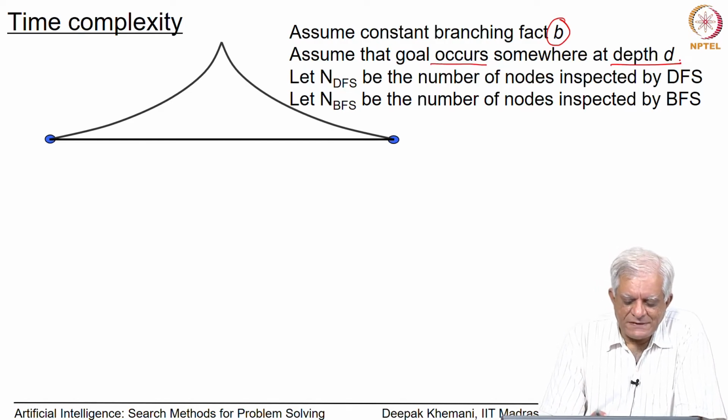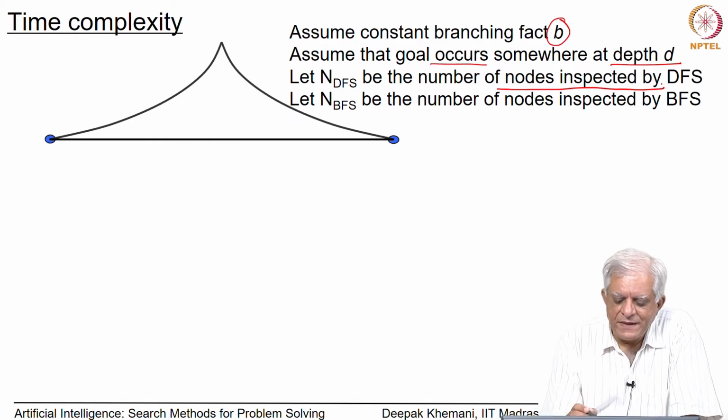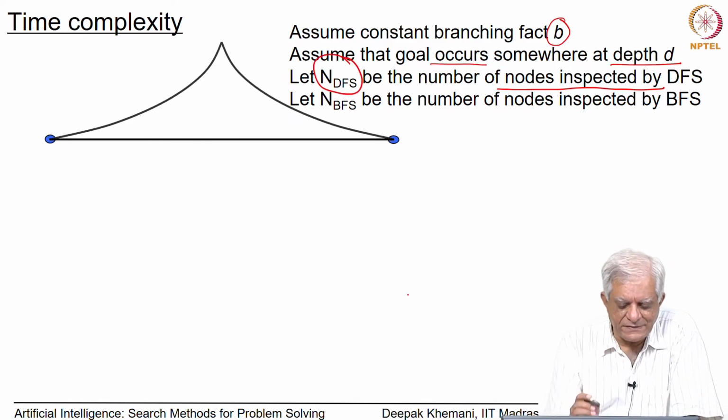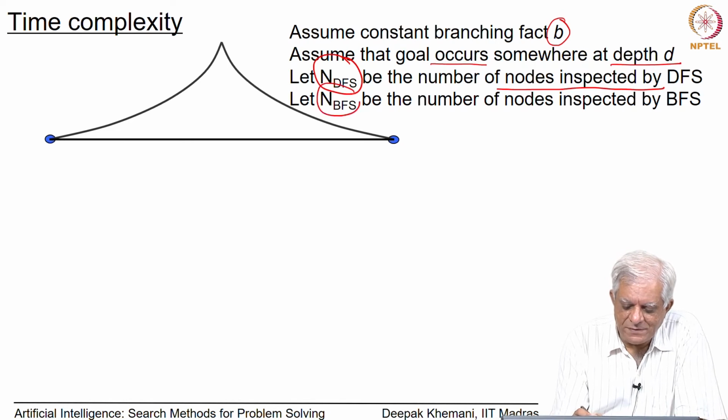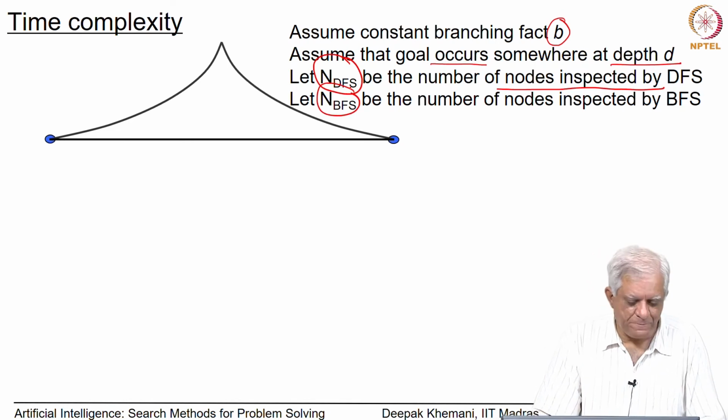So, the time complexity is measured by the number of nodes inspected. Okay. And so, for depth first search we will call this number n DFS, for breadth first search we will call this number n BFS, and let us see what these numbers look like.